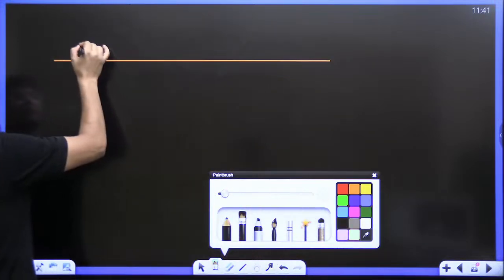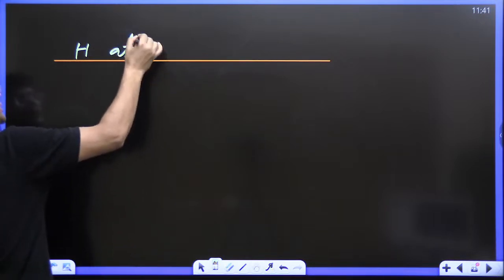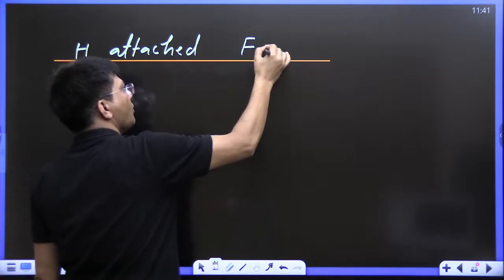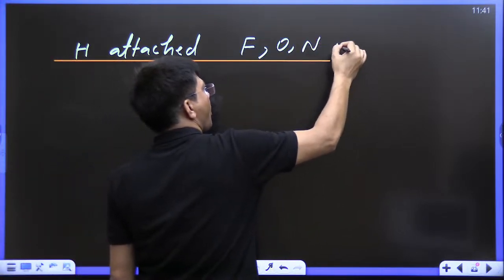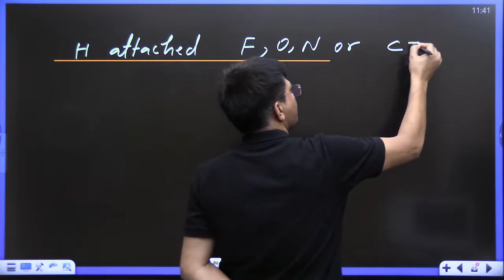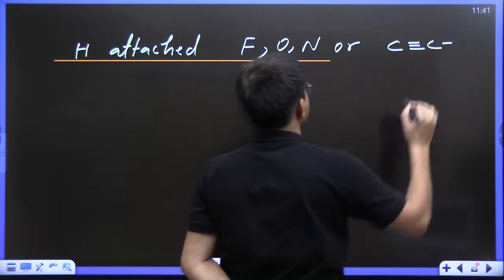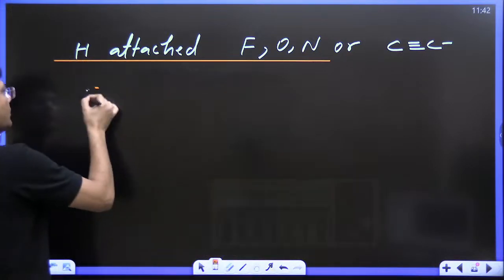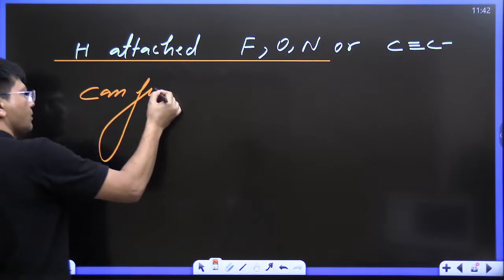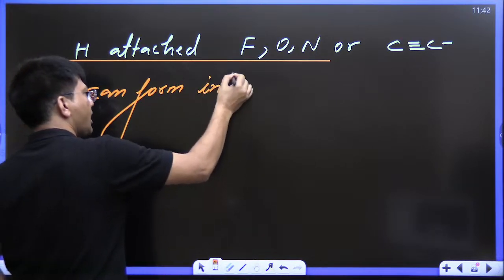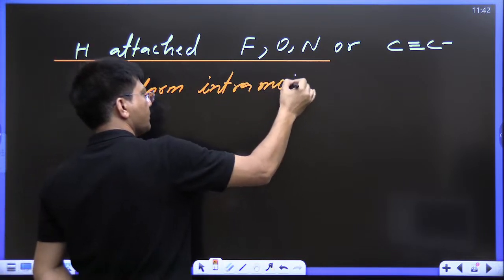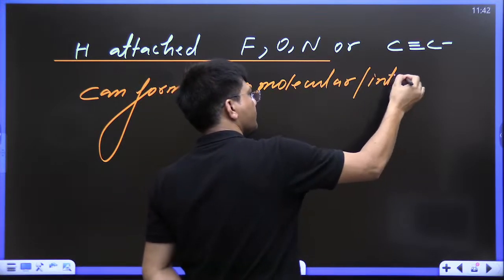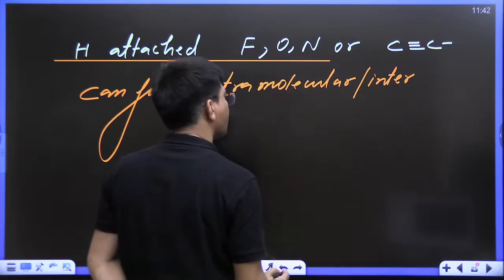Hydrogen attached with FON, or C triple bond C, can form intramolecular or intermolecular hydrogen bonding, or simply I can write hydrogen bonding.